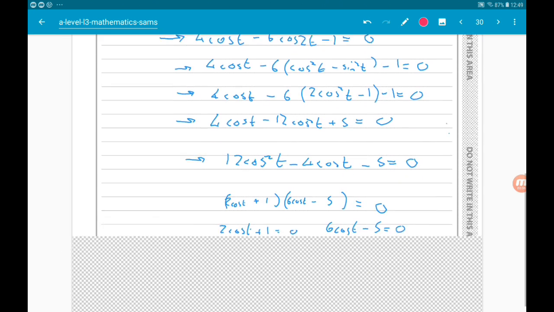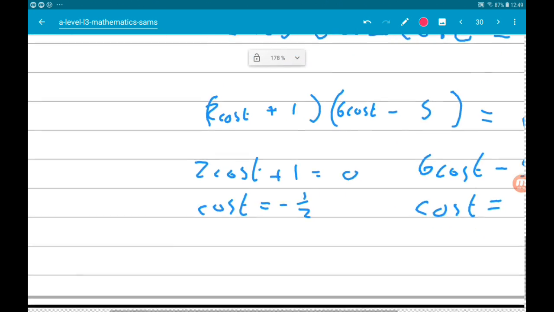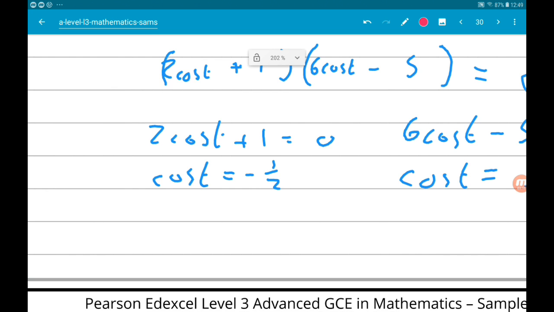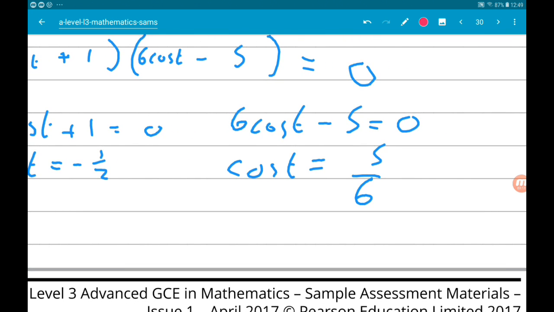So, we know then that x is equal to 2 times cos t, so 5/6, which is 5/3.